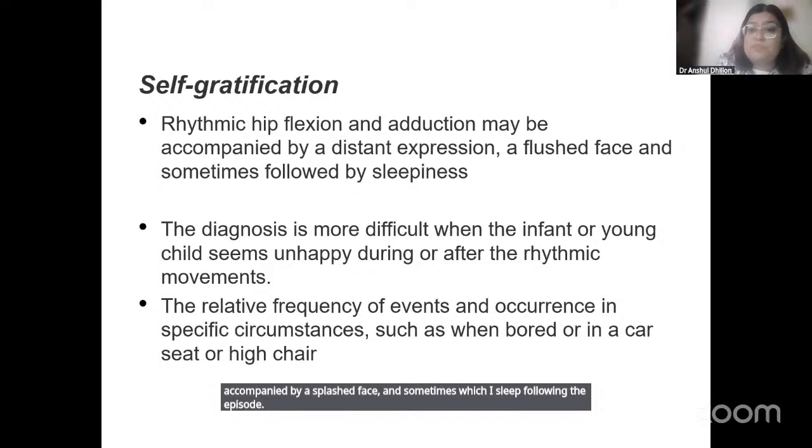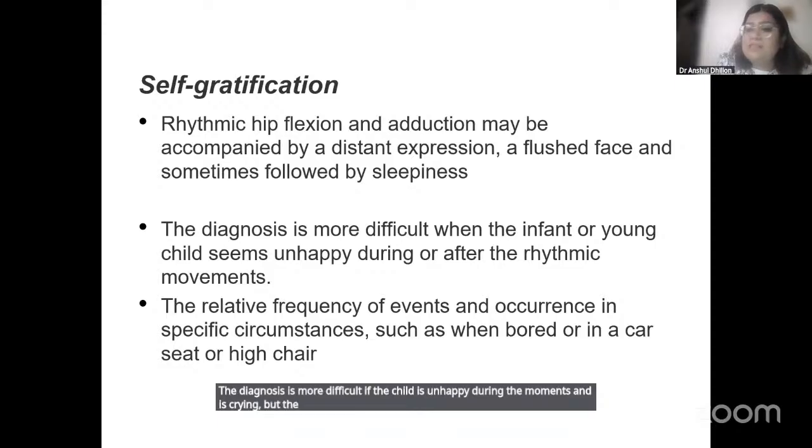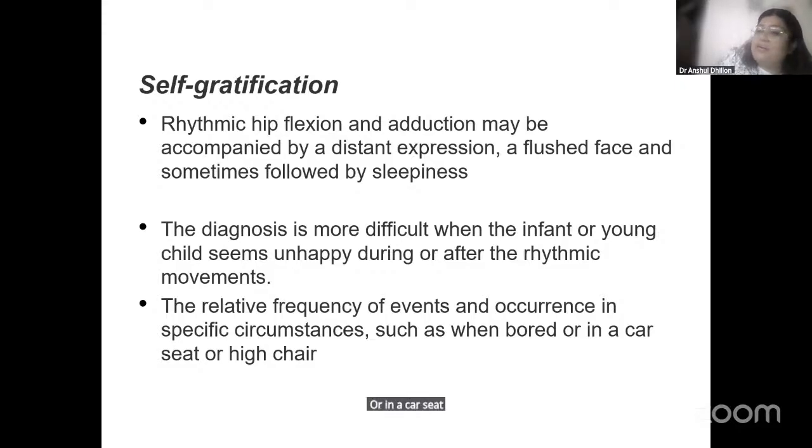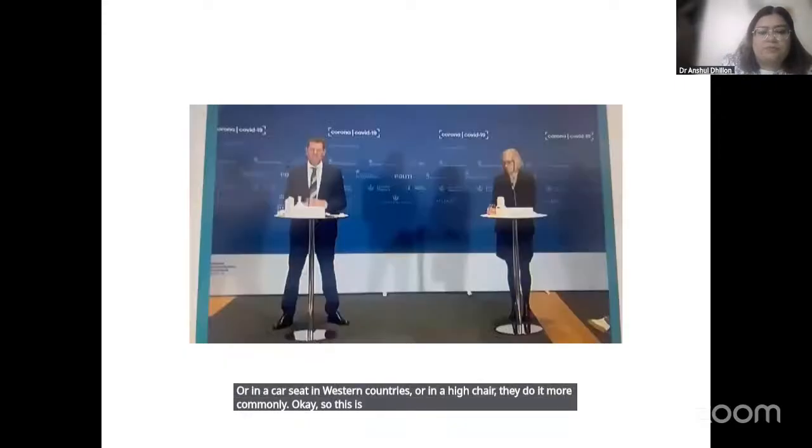The diagnosis is more difficult if the child is unhappy during the movements and is crying, but the episodes are very frequent and the child doesn't lose their sensorium. They usually do this movement when bored, when just playing by themselves, or in a car seat in Western countries, or in a high chair, where they do it more commonly. Okay, so this is self gratification.